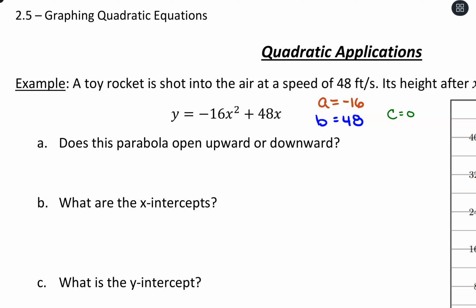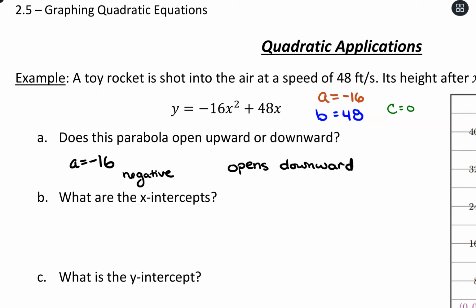So what that's telling me is if a is negative 16, because that is negative, our parabola opens downward, which matches our graph to the right. Also makes sense in terms of a toy rocket being shot up into the air. It's going to go up and then come back down, so that shape is going to need to be opening downward.